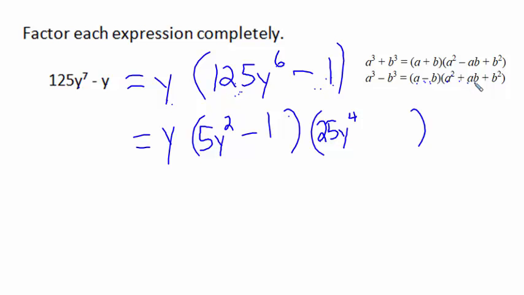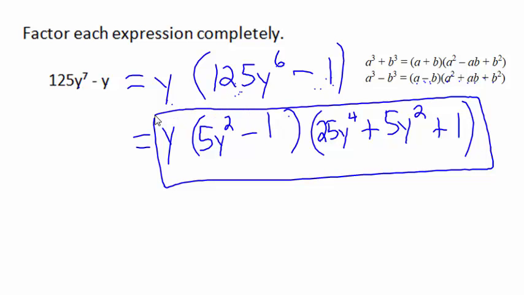Plus the two cube roots multiplied together are simply 5y squared times 1, which is 5y squared. Then plus again, the cube root of the second thing squared is 1 squared, which is 1. So this would be your final completely factored answer.